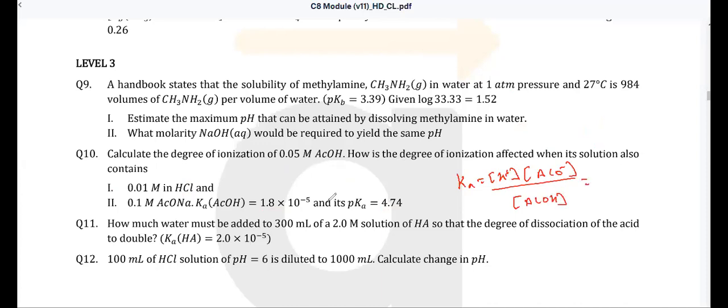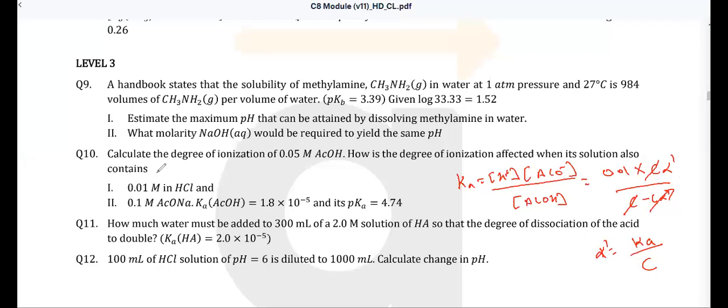H plus will be given from this HCl, which is 0.01, into ACO minus, which is C alpha dash by C minus C alpha dash. C alpha dash will get cancelled, C and C will get cancelled. So alpha dash you can get. Yes or no, everyone? We have done the same thing in the last class problem. Alpha dash is Ka by C.